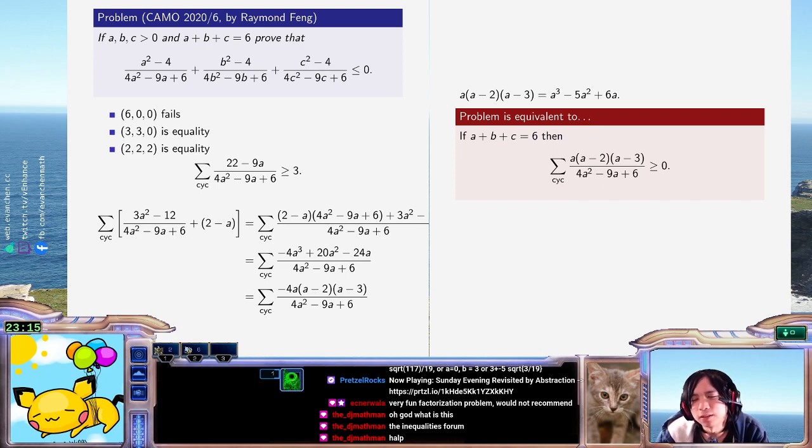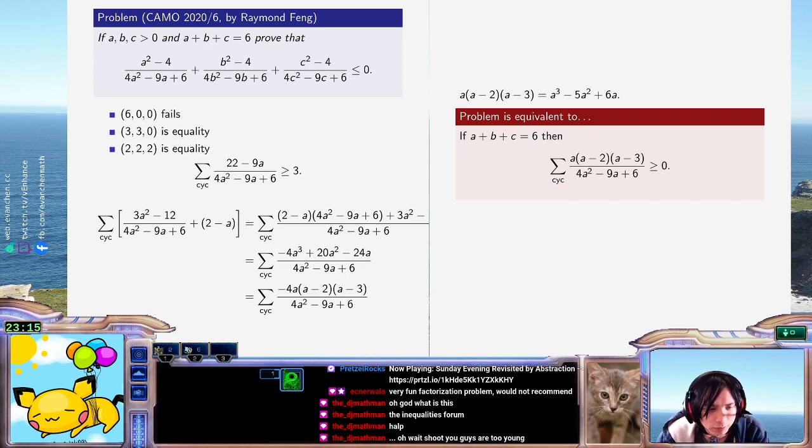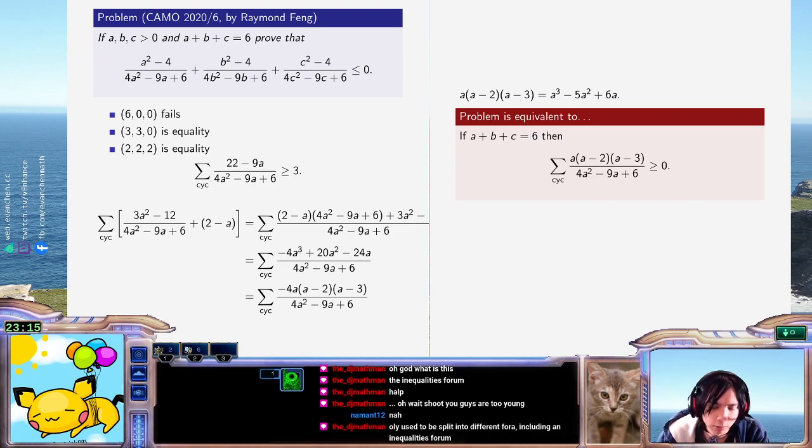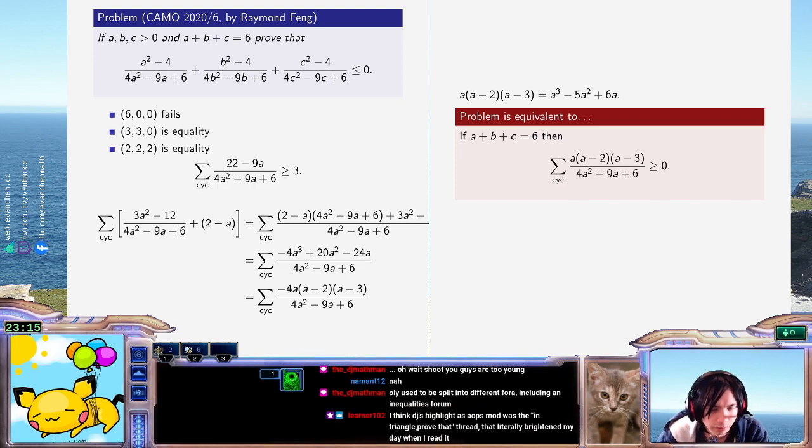I guess the upshot is you can kind of do dumb things on the bottom now. You can do inequalities, like what polynomial inequalities hold for? Well, actually that's equivalent to what I was trying to write.